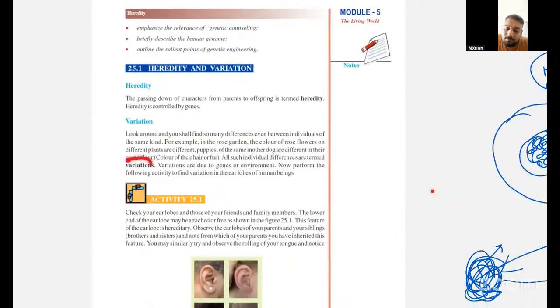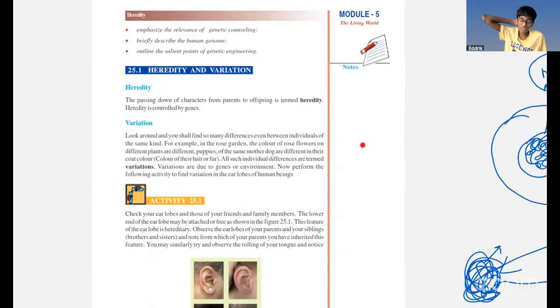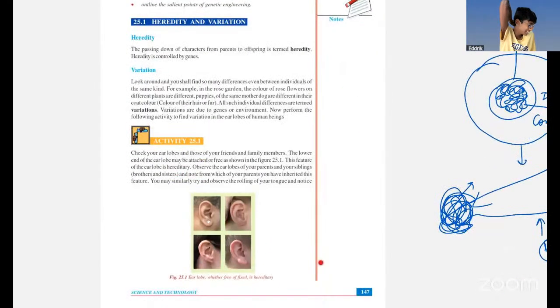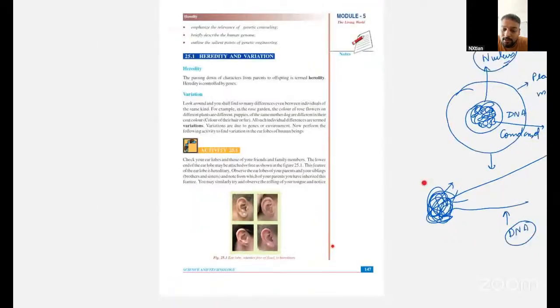All individuals have differences called variation. Variation is due to the genes or the environment. Because some genes got changed because of DNA copying error, that leads to variation. Everyone got this? DNA full form is deoxyribonucleic acid.